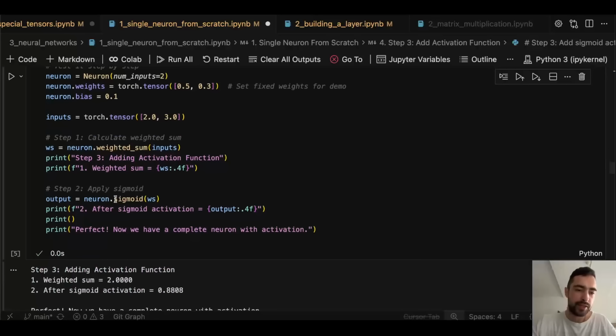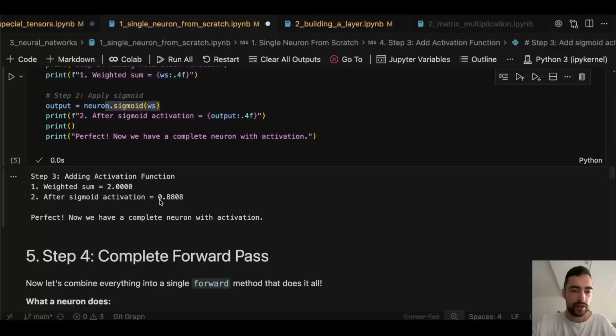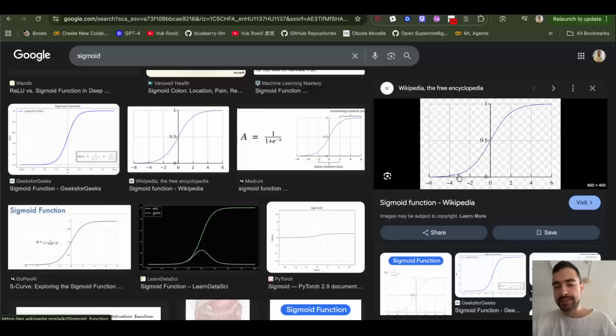And then we will just pass the output of the weighted sum through sigmoid, and we will get some activation value. Sigmoid will be between 0 and 1 like this. It's going to be curved, so if the neural network needs to make this left curve, it will make weights and biases such that we get some number around -2 and -1 or something like that.